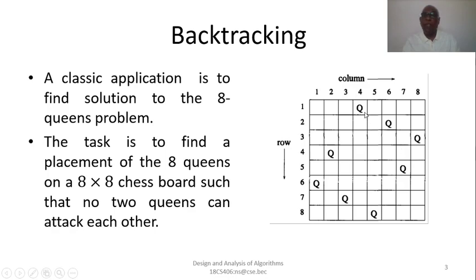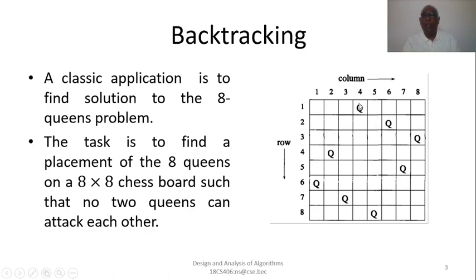I repeat, two queens are under attack if they are in the same row, or in the same column, or in the same diagonal. So if you look at any two queens in this graphic, they are neither in the same row, nor in the same column, nor in the same diagonal.